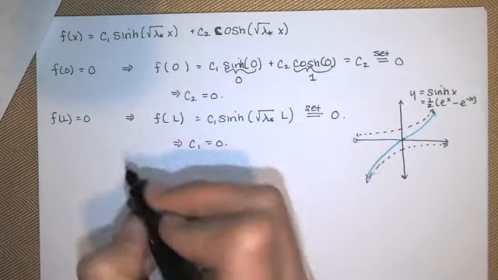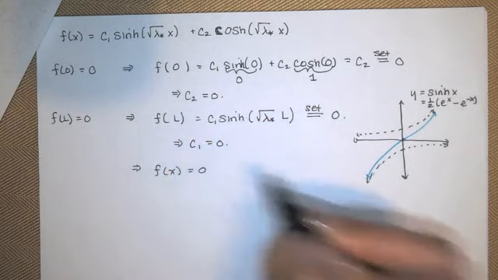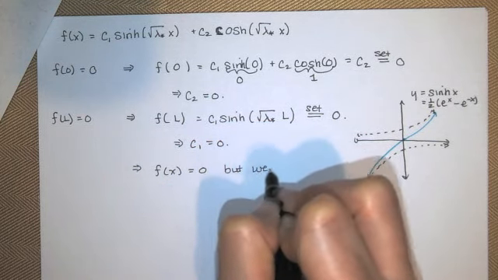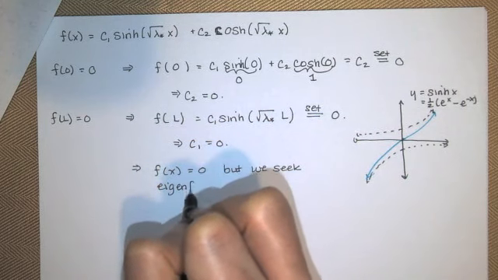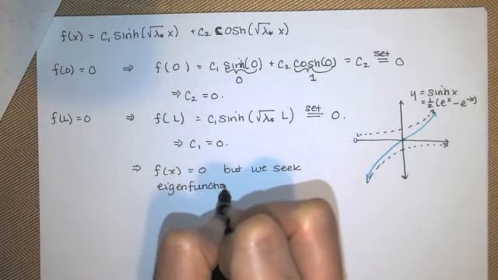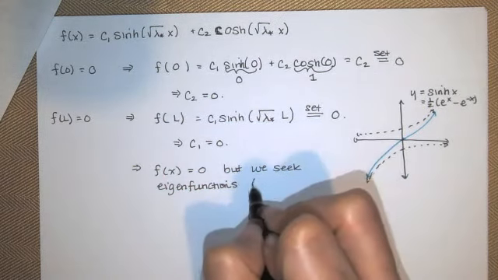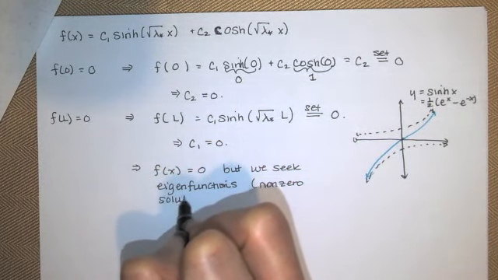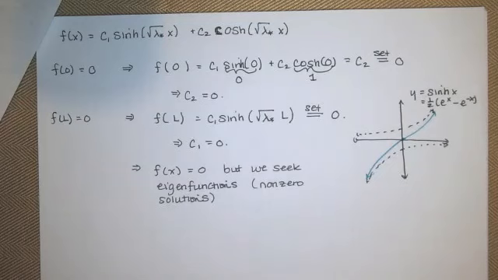Now, if C1 is 0 and C2 is 0, that means that f must be 0. But we're looking for eigenfunctions. Again, non-zero solutions of that eigenvalue problem. So we want non-zero solutions to the differential equation that satisfy the boundary conditions.